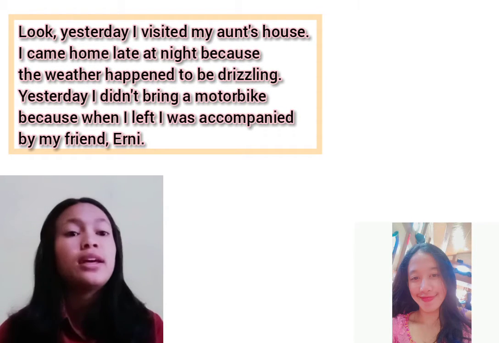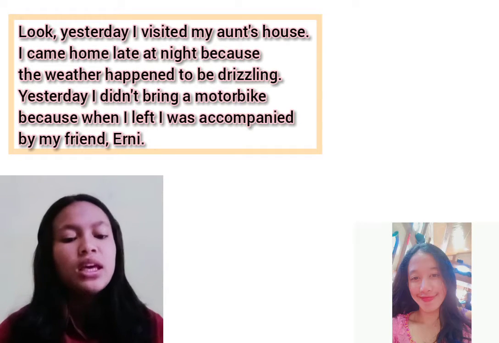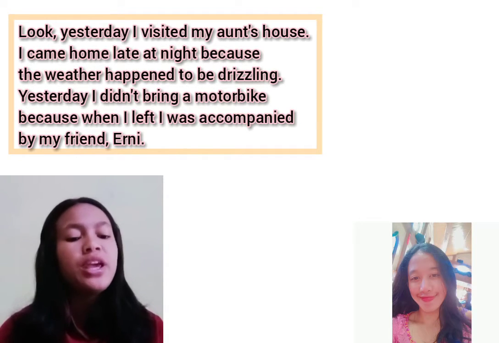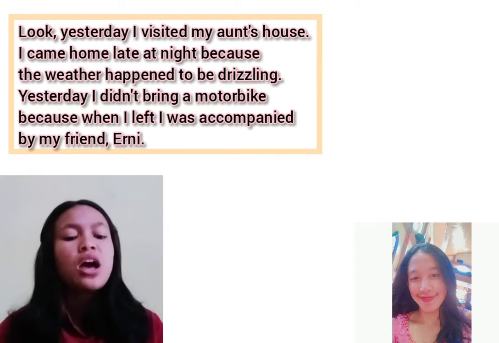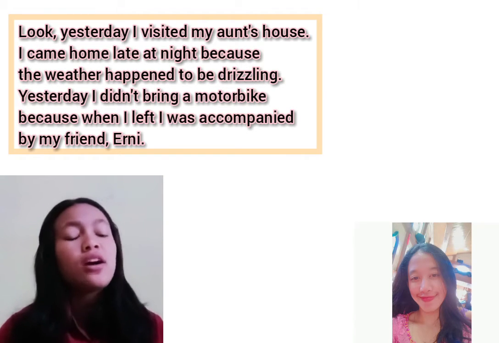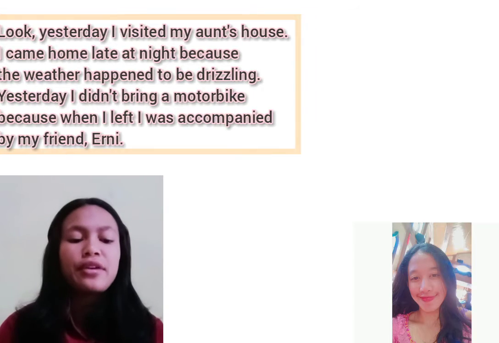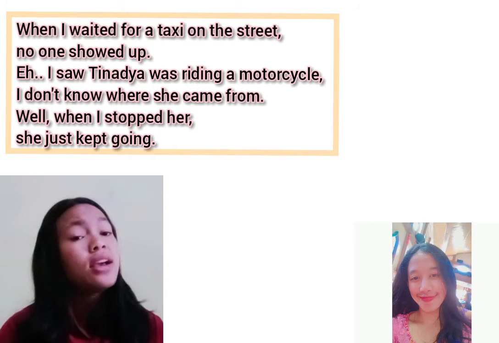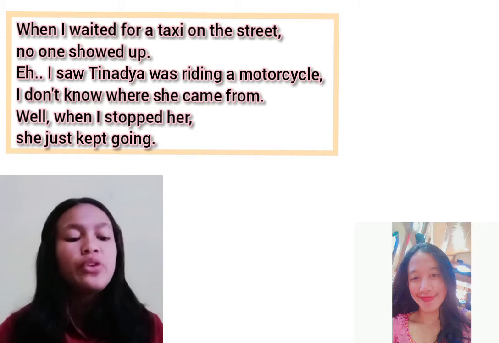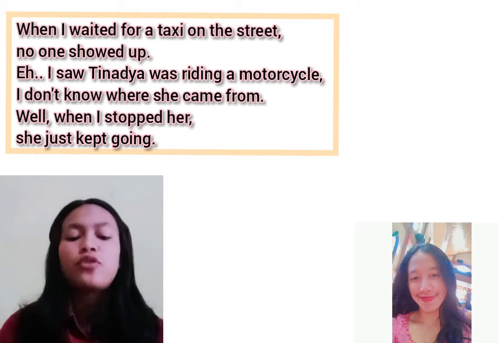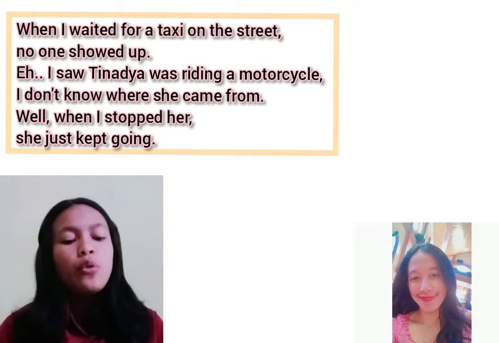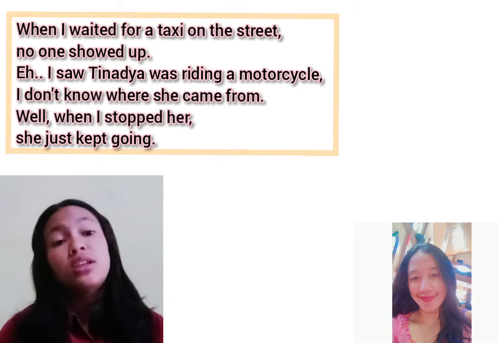I came home late at night because the weather happened to be drizzling. I didn't bring a motorbike because when I left, I was accompanied by my friend Ernie. When I waited for a taxi on the street, no one showed up. I saw Tinadia riding a motorcycle. I don't know where she came from. When I stopped her, she just kept going.